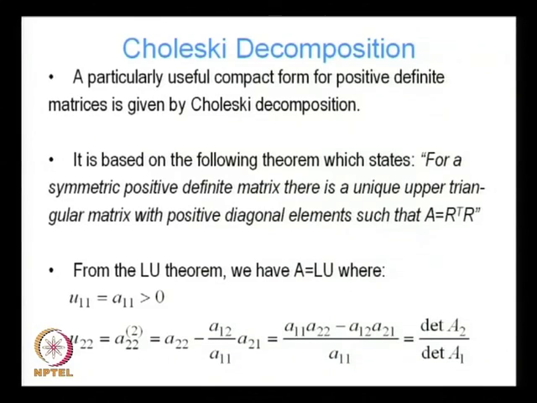And for positive definite matrices, we recall that all these submatrices for k equal to 1 to n, that is A1, A2, A3 up to An, must all have positive determinants. So what does this mean? It means that U22 must also be positive, since determinant of A2 will always be greater than 0 and determinant of A1 will always be greater than 0.